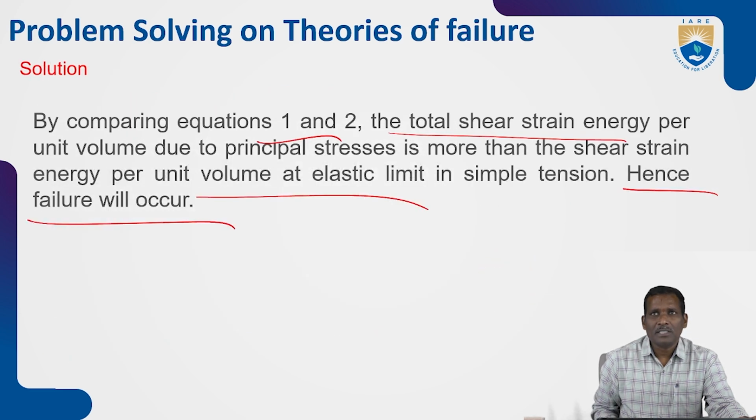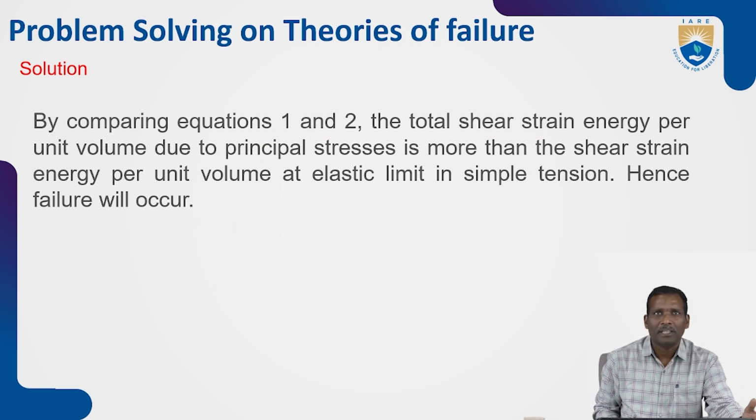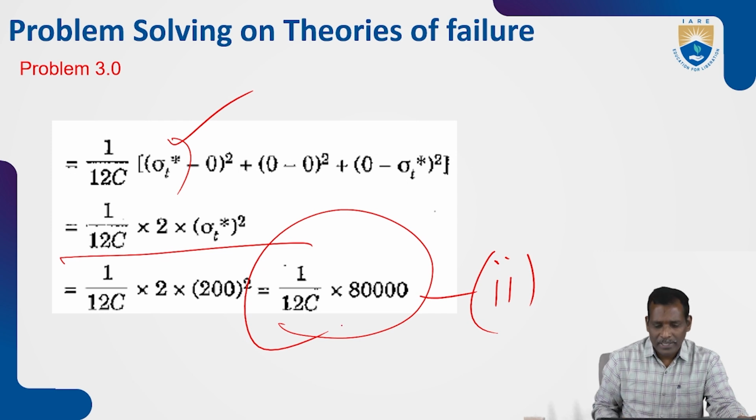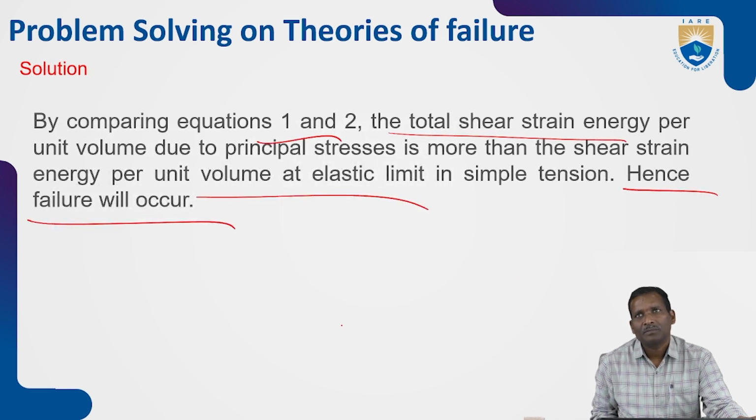But in the simple tension test, the shear strain energy per unit volume at elastic limit is 80,000 by 12C. So the principal stress strain energy value is more than the value at elastic limit in simple tension. So failure will occur.